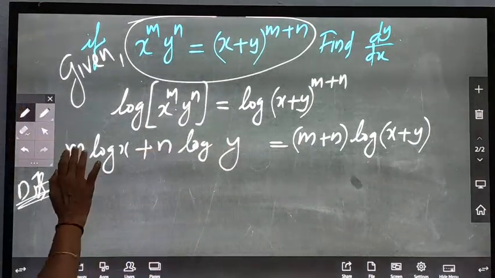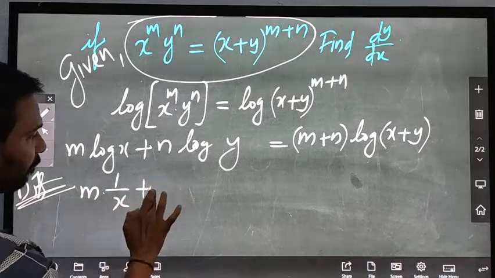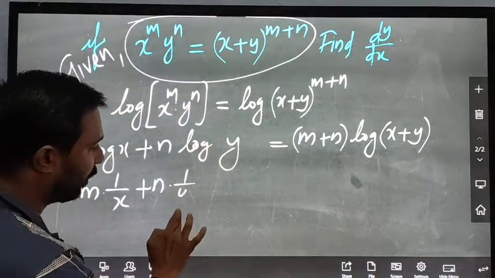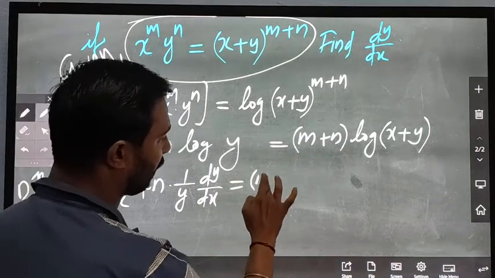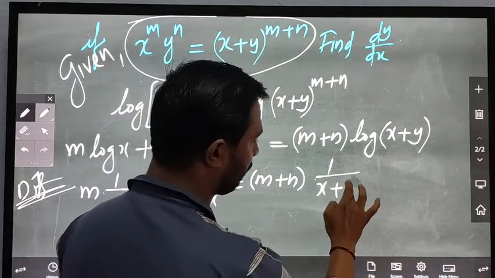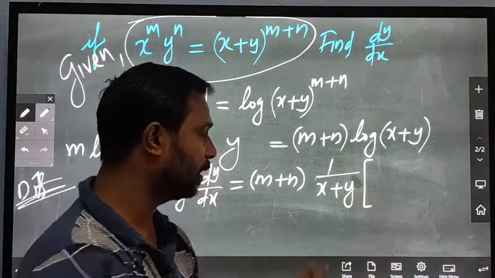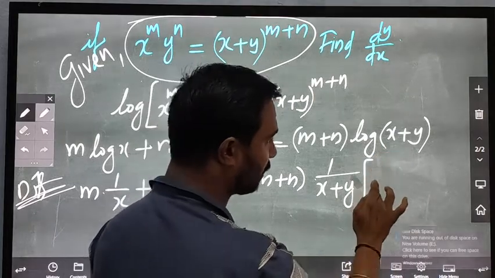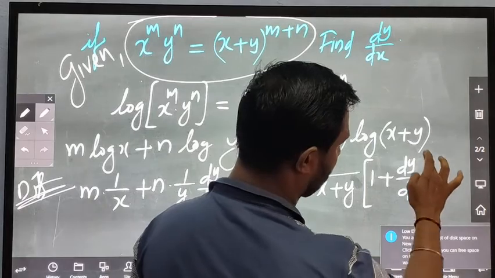Now you differentiate both sides. m is a constant, so m into derivative of log x, 1 by x, plus n into derivative of log y, implicit, it is 1 by y into dy by dx, is equal to m plus n, which is a constant, into derivative of log of x plus y. Now you have to take care here, one more term appears: derivative of x is 1 plus derivative of y, dy by dx.